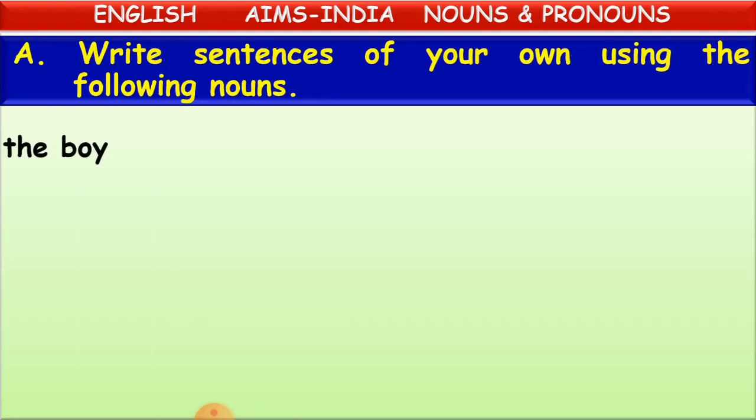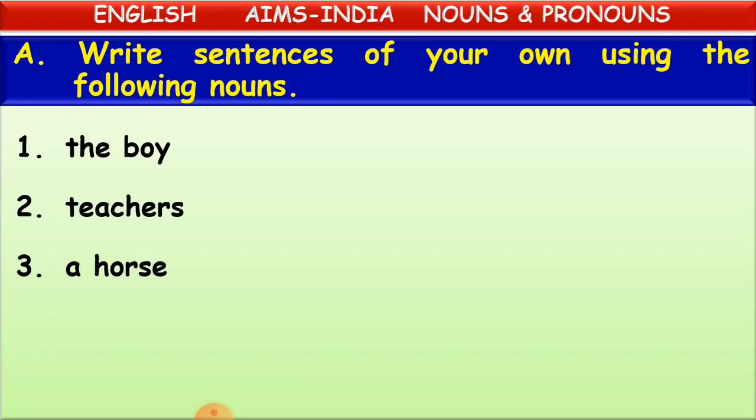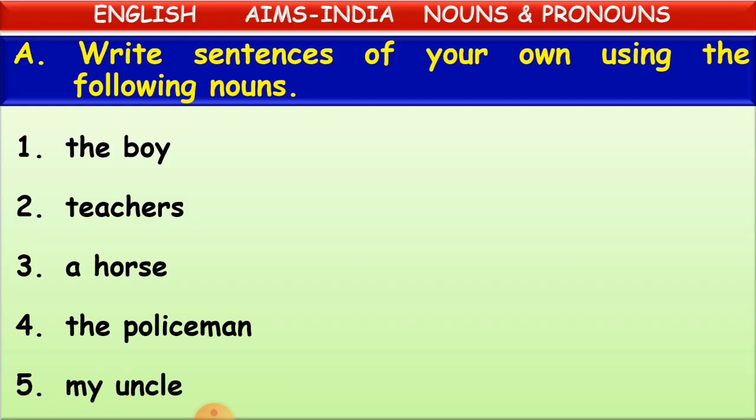Write sentences of your own using the following nouns. This is for your homework, children. You have to write some sentences of your own using the nouns, in the possessive form, like the 12 sentences we have done. For example, for the first one, it is the boy.